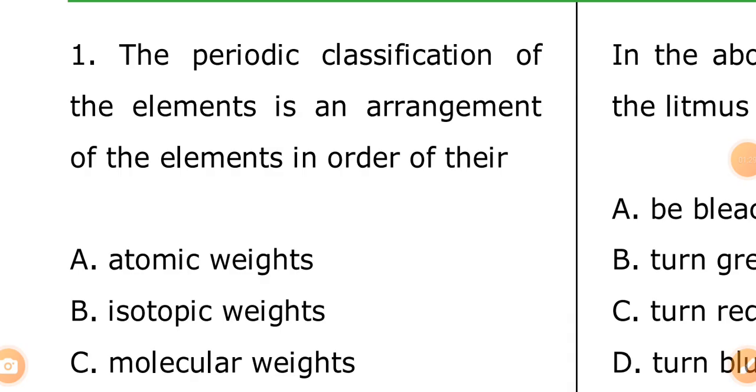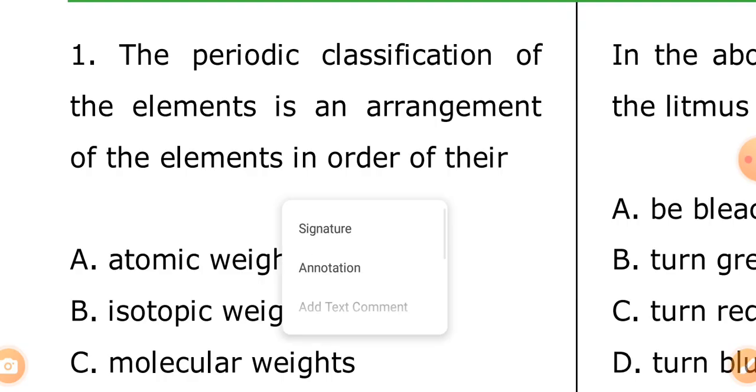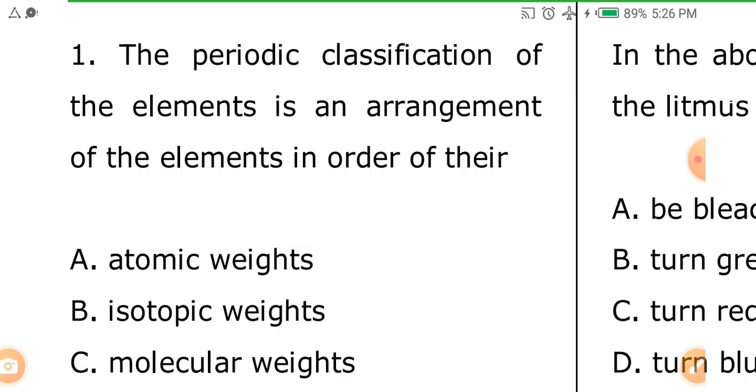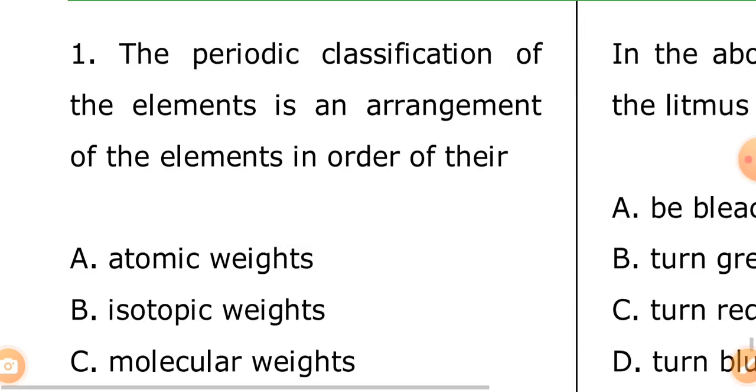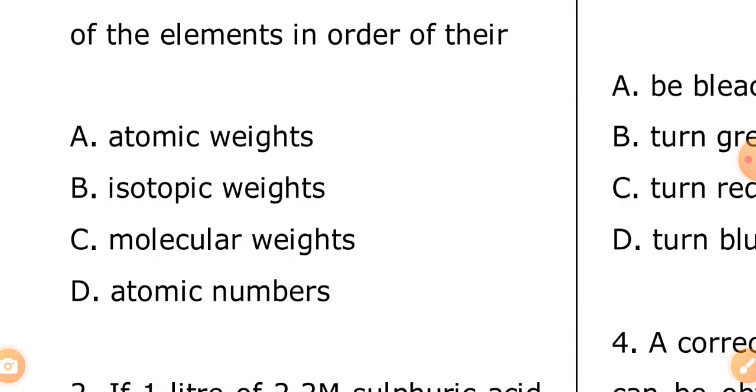Number one, the periodic classification of the elements is an arrangement of the elements in order of their dash. You know the first 20 elements. A, atomic weight.